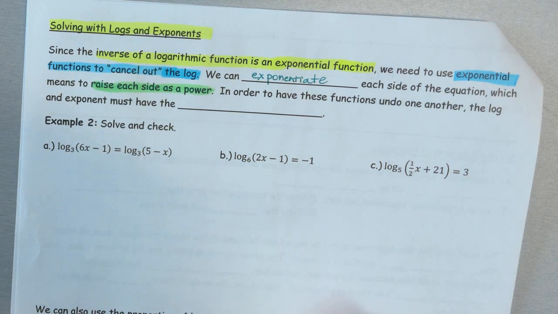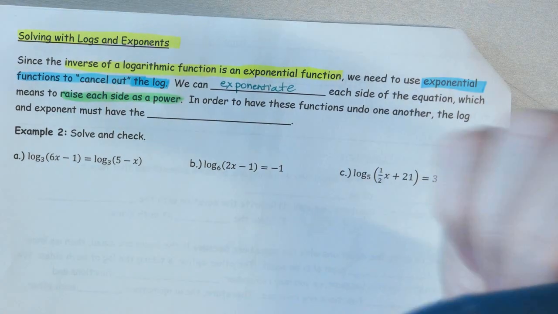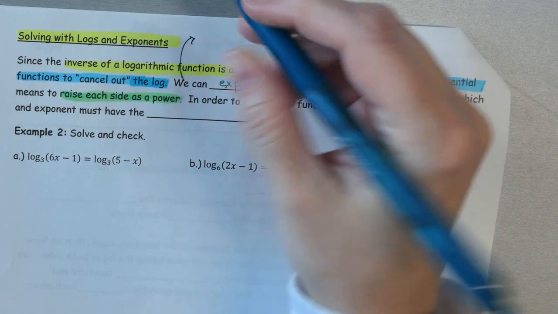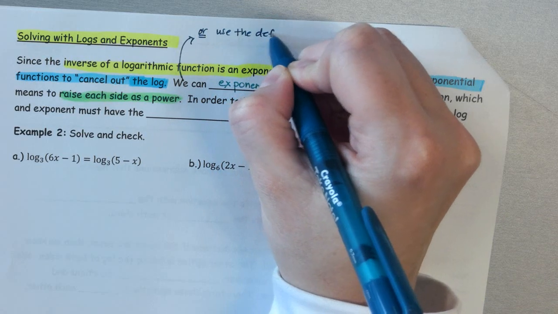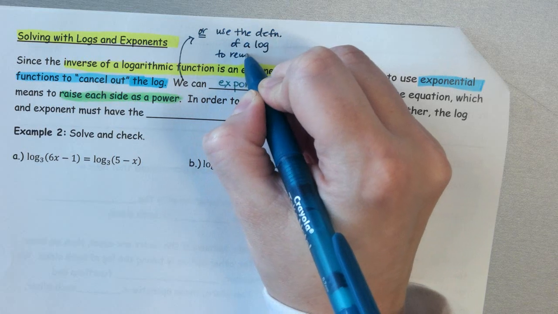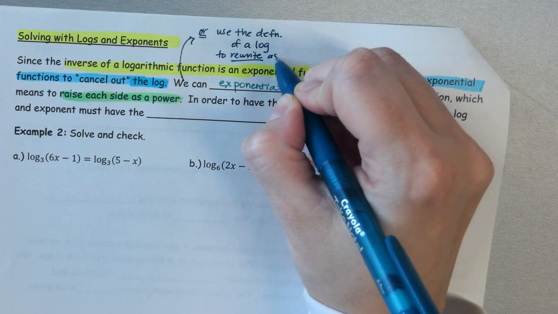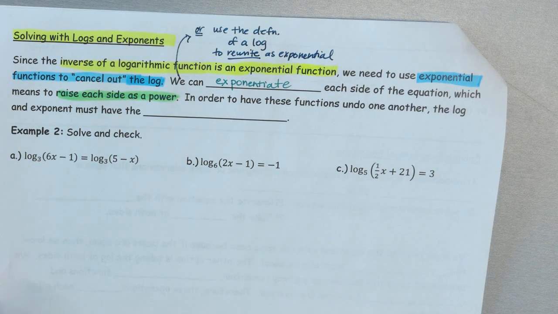But another thing that you can do is use the definition of a log to rewrite as exponential. So you can exponentiate, I will show you that, or you can use the definition of a log to rewrite as exponential.